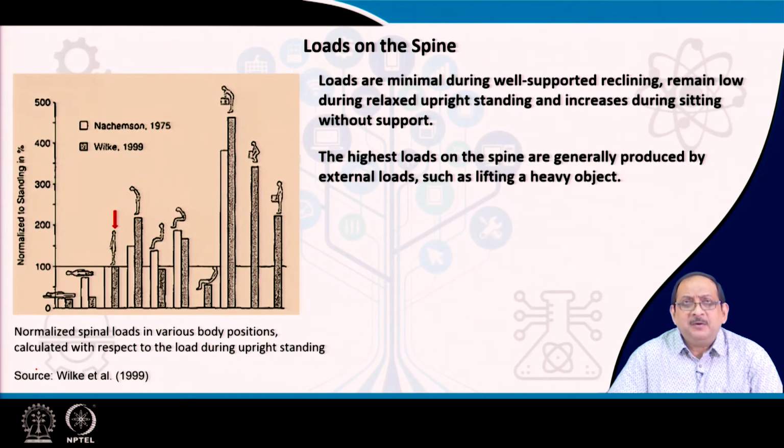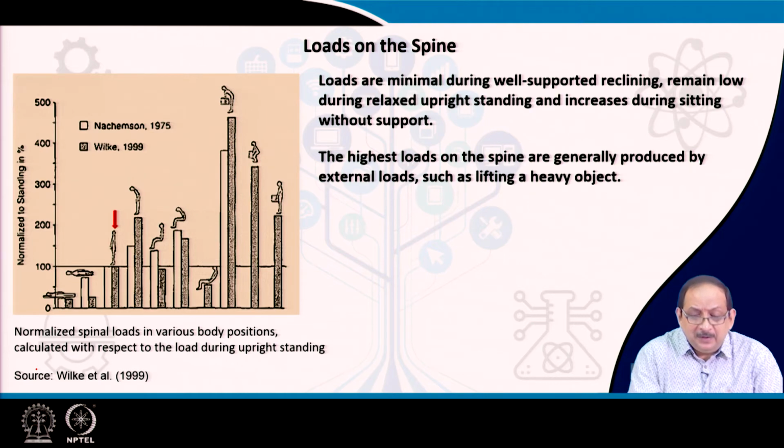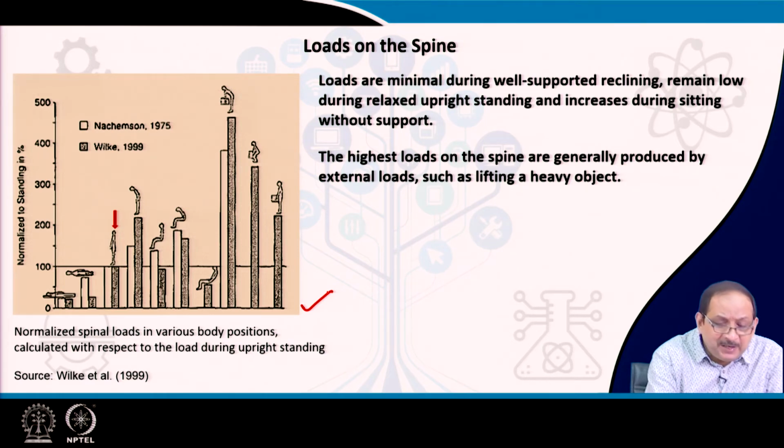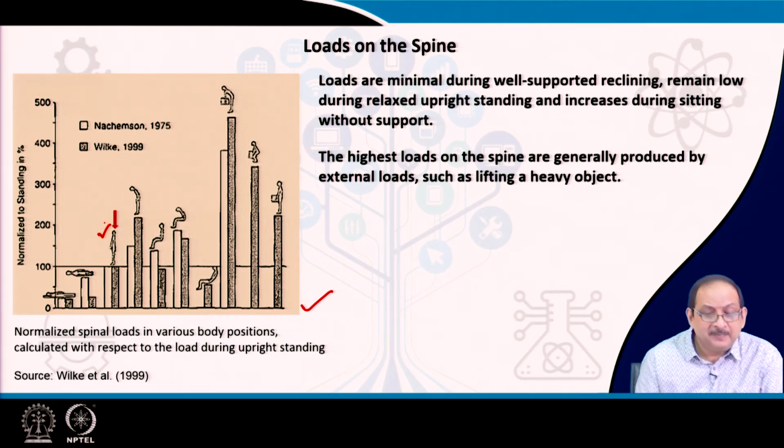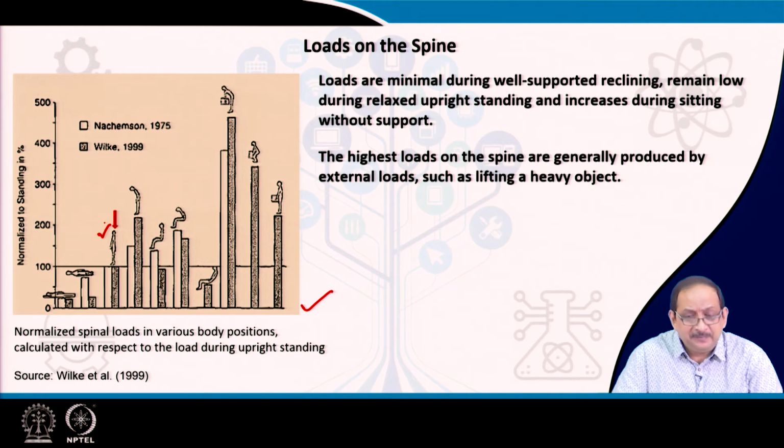Let us discuss the loads acting on the spine. On the left, we can see a multiple bar diagram which presents normalized spinal loads in various body positions, calculated with respect to the load during upright standing, as indicated in the figure.